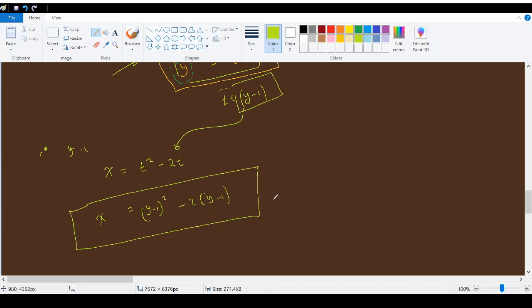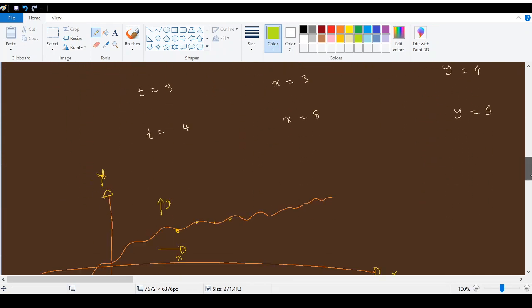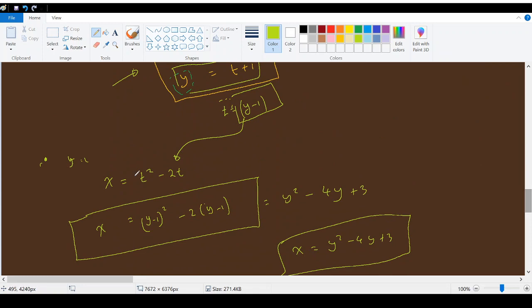Now we can even simplify this a little further, and you can obtain x equals y squared minus 4y plus 3. So simply what we have is this relationship, right? If you plot the curve of this one, you will still obtain the same plot. But the thing is, this sort of extraction is not always possible.